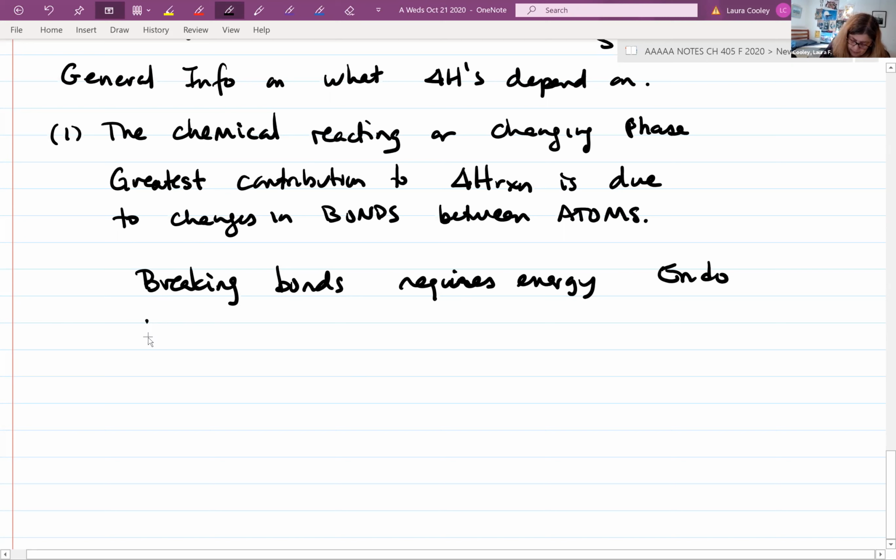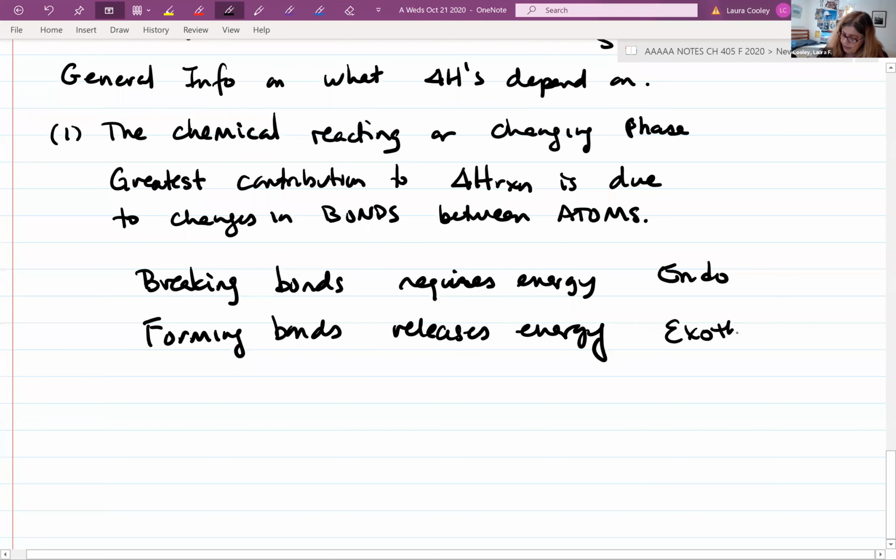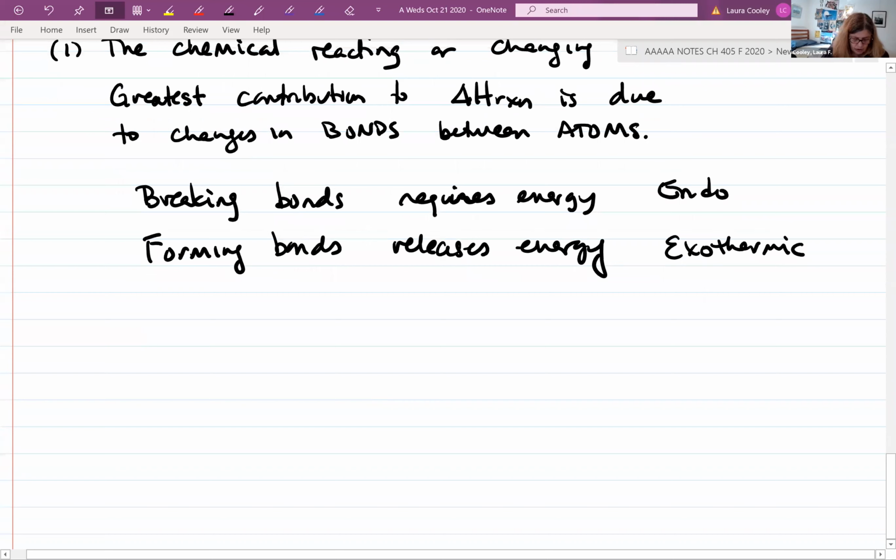And forming bonds releases energy. This is very general, and there are lots of things that can make there be exceptions, but this is really the way it is. And of course, that means it'd be exothermic. So the breaking and forming of bonds, when you go from reactants to products, is what matters.